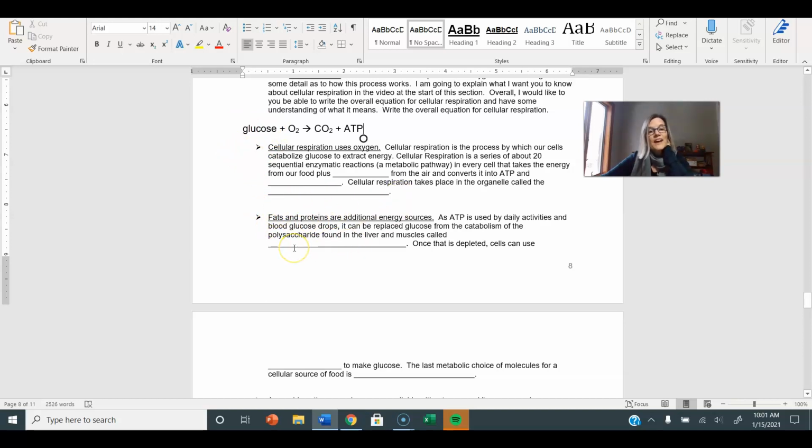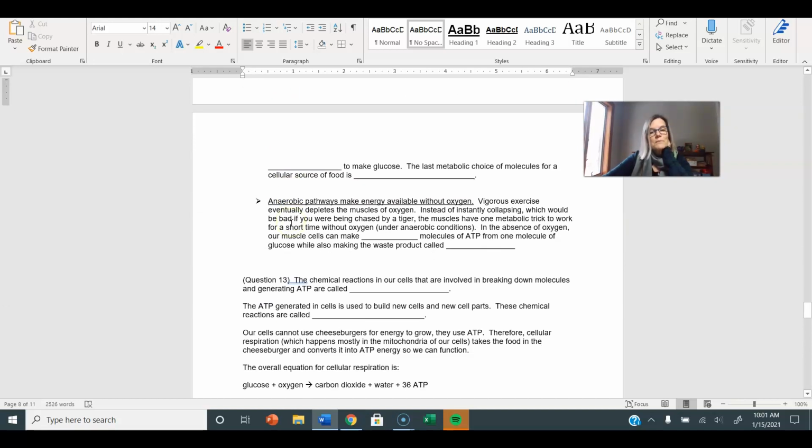Also, remember that polysaccharide glycogen that our cells make when we eat excess glucose or have excess energy. We store it as glycogen, fats, and sometimes even proteins. So we use glucose as our starting point, but we can use other foods to make glucose.